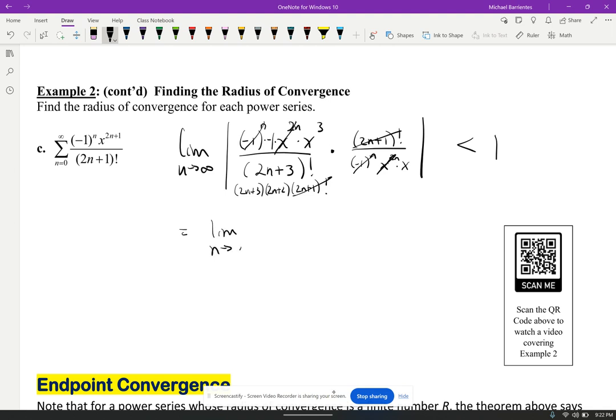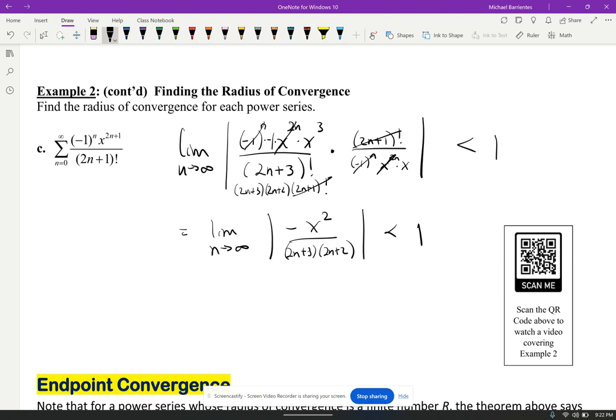The limit as n approaches infinity of negative x to the third in the numerator divided by 2n plus 3. Oh, I just noticed something. Times 2n plus 2. I just noticed I still had an x here. I can reduce this x with 1 from the numerator, and it becomes that. And I want to see where that is less than 1.